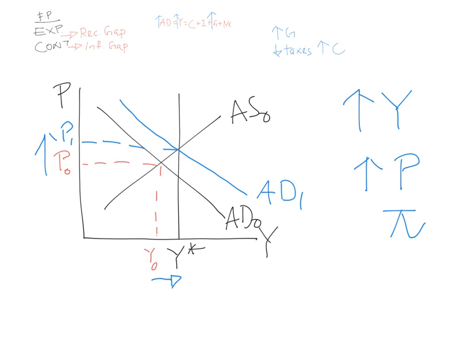Then the opposite will happen with your contractionary fiscal policy. You're starting at your inflationary gap situation. The economy is doing better than normal. With the inflationary gap situation, we can draw the diagram.